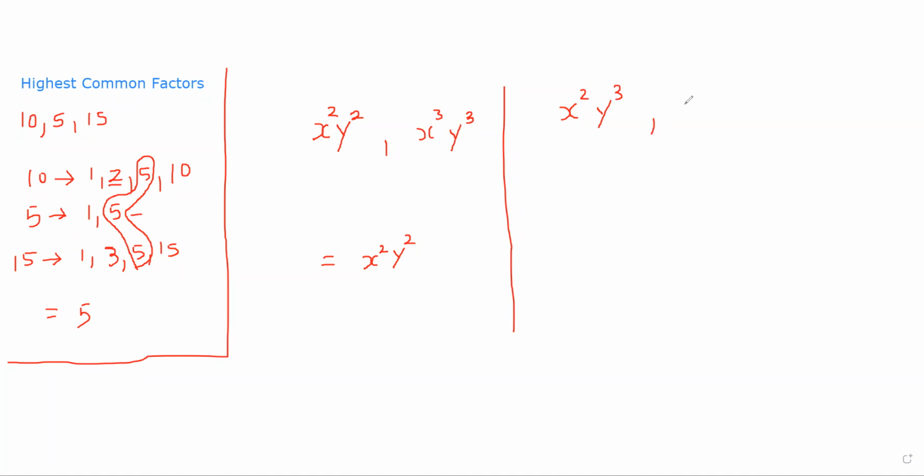I'll just switch it up so you can see exactly what I'm talking about.